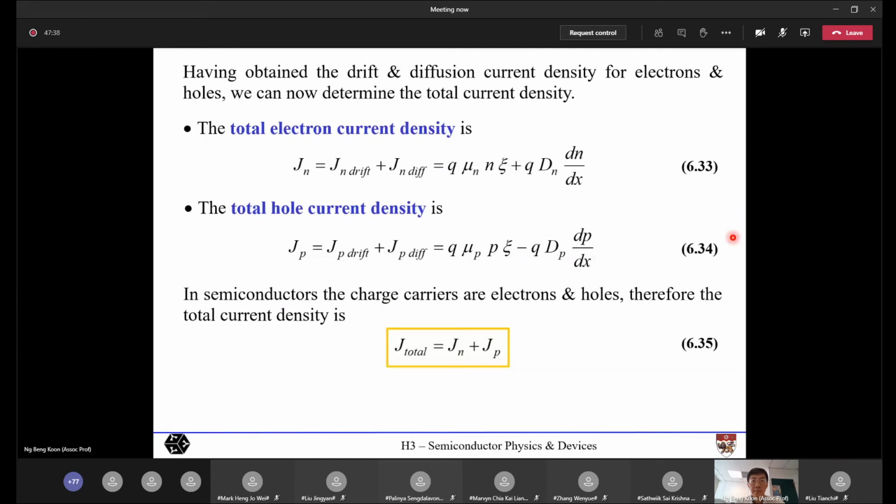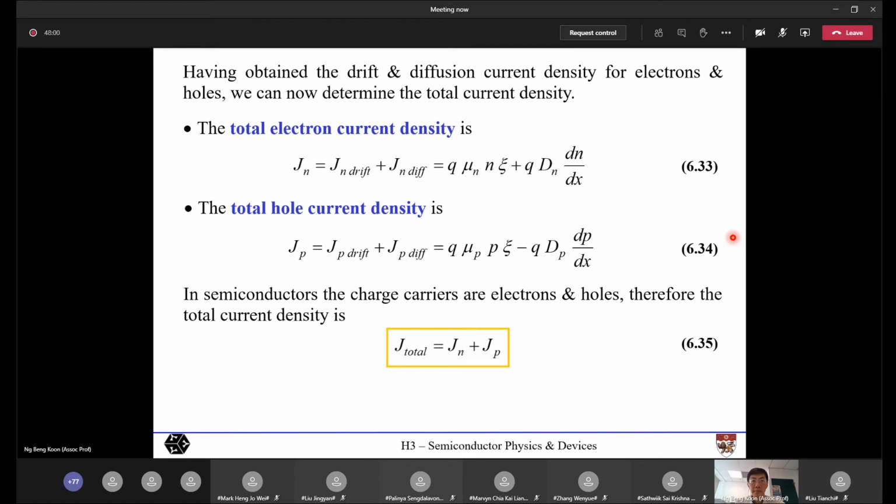Of course, in a semiconductor, if you consider the electrons and holes separately, then you can write down the total electron current density as being made out of two components, one due to drift and one due to diffusion. Of course, if the electric field is not there, then the drift component will disappear.